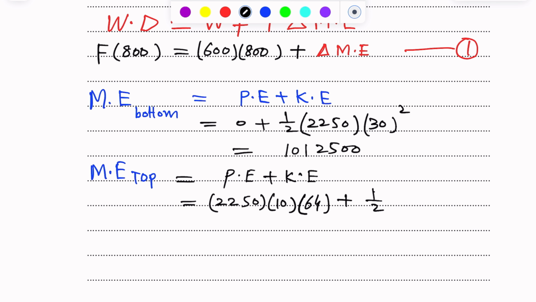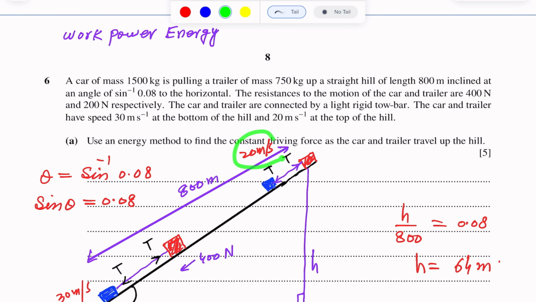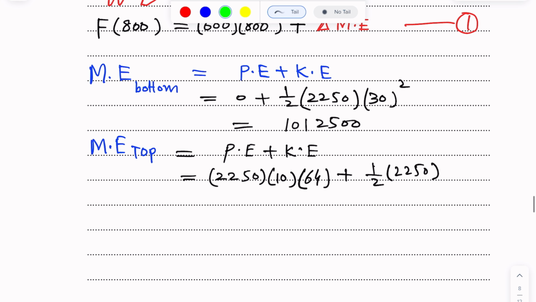Here m is the total mass, that is 2250, and v at the top is 20 meter per second, so we are taking it square, 20 square.